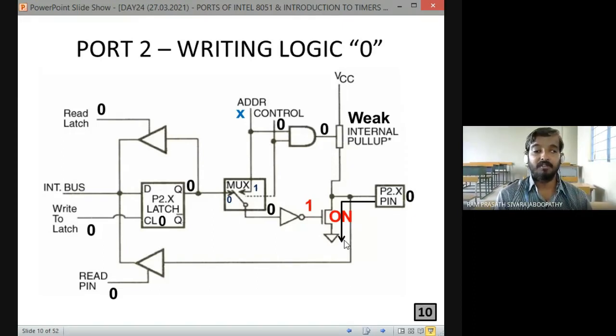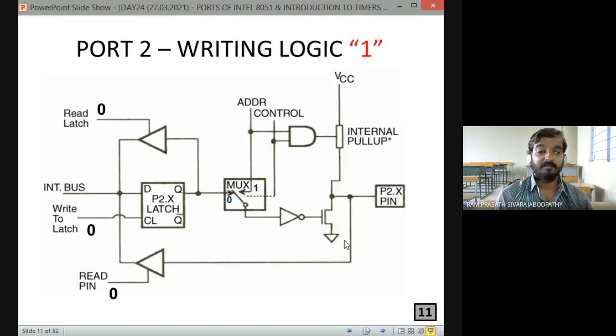Similarly, we will go with logic 1. Shall I proceed? Yes, fine. Writing logic 1, same thing, control pin 0. So we need not bother about the address and data line. Here I am writing it as only the address line, not the address-data line, because it is going to carry only the upper 8 bits of the address.